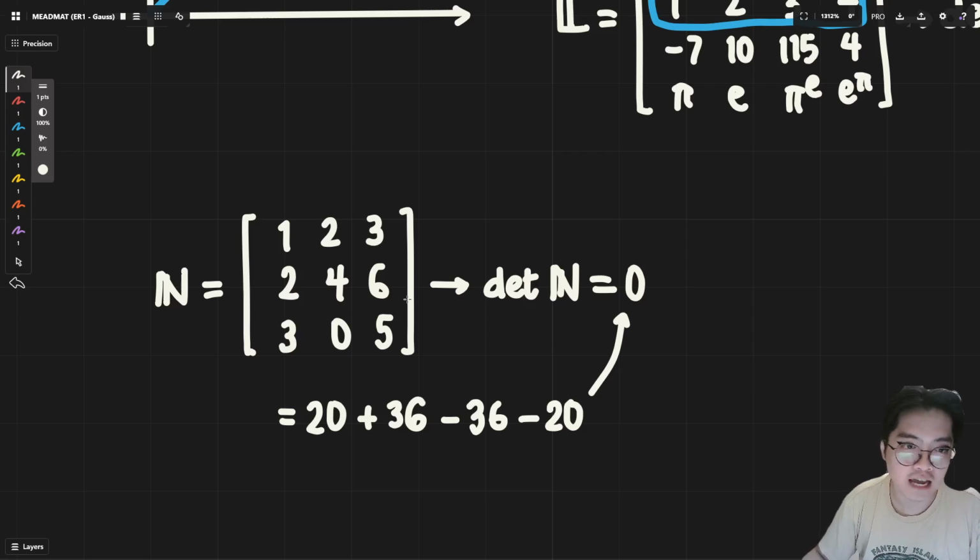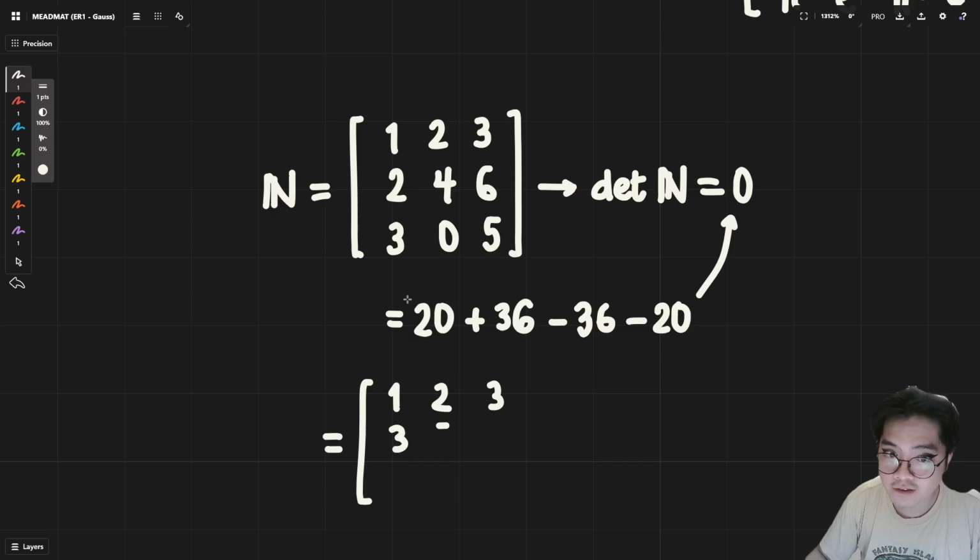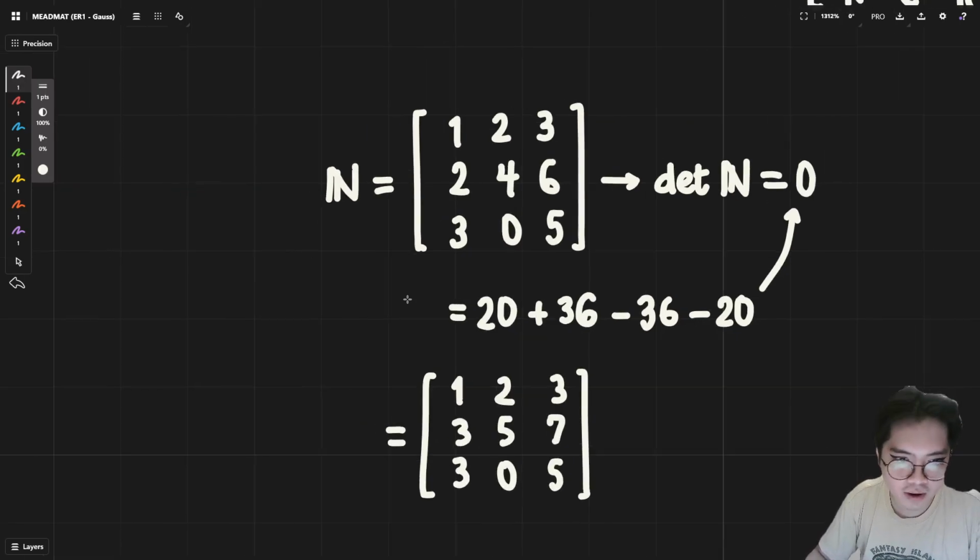Now, the challenge is this. What if you now see 1, 2, 3, 3, 5, 7, 3, 0, 5? What do we think now is the determinant of, let's call this n prime?